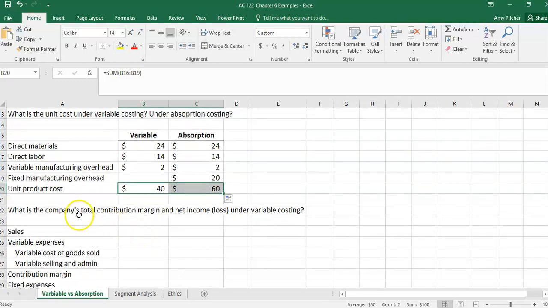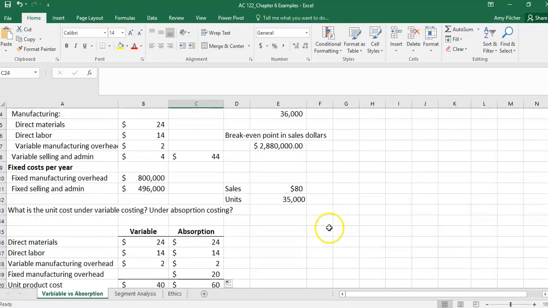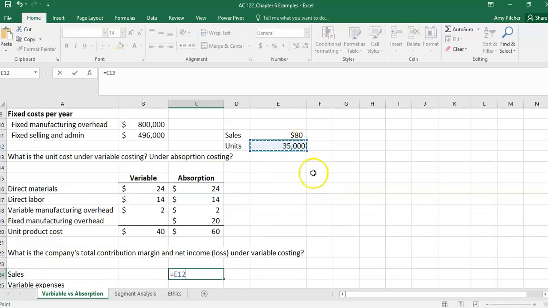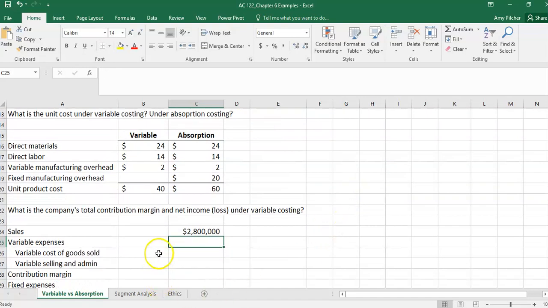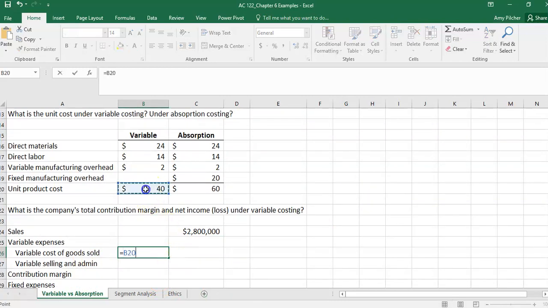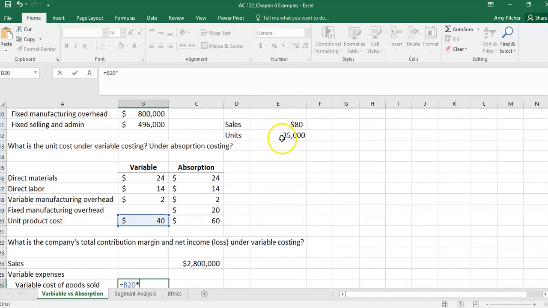Our next question asks us to figure out the total contribution margin and net income or loss under variable costing. So we're going to use variable costing per unit. So our sales, we sold 35,000 units at a sales price of $80 per unit. So we take 35,000 times $80. Our variable cost of goods sold is our unit product cost, variable cost, times the number of units sold.